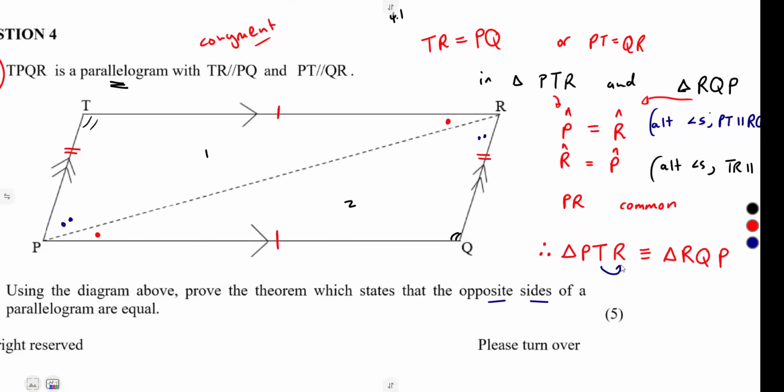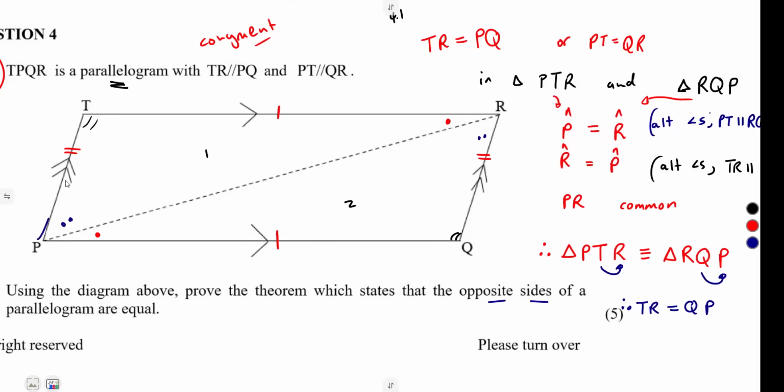Here is what we have, TR and QP. Therefore, TR is equal to QP. Those are opposite sides, isn't it?